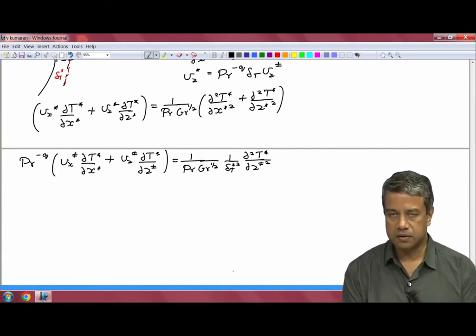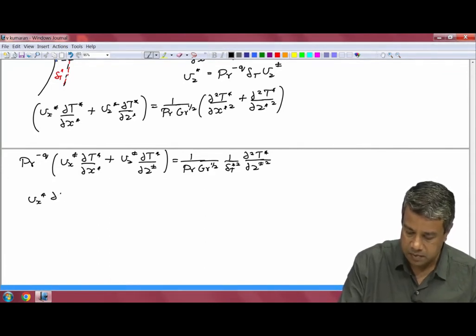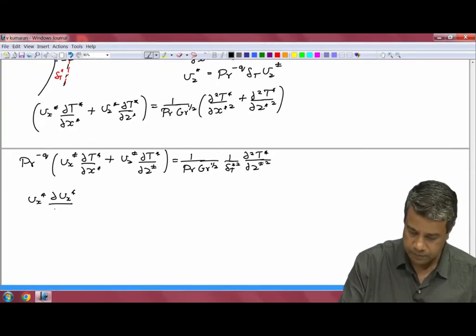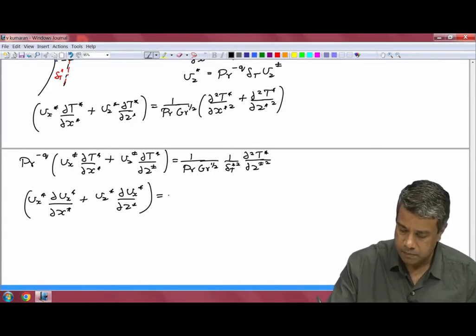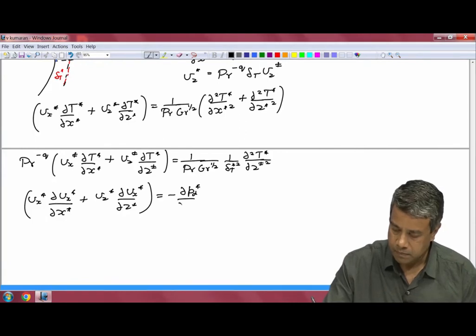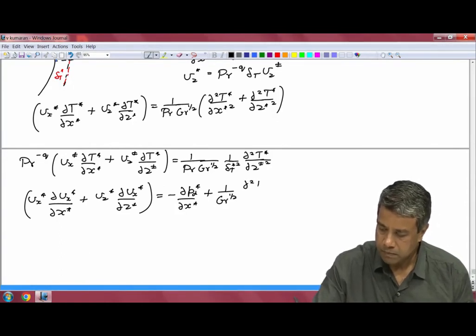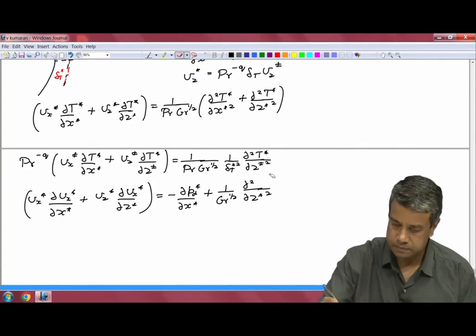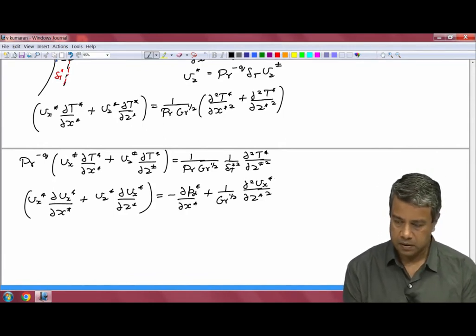Similarly, I can also write an equation for the streamwise momentum conservation. If you recall, partial Vx, neglecting once again streamwise diffusion in comparison to cross stream diffusion.